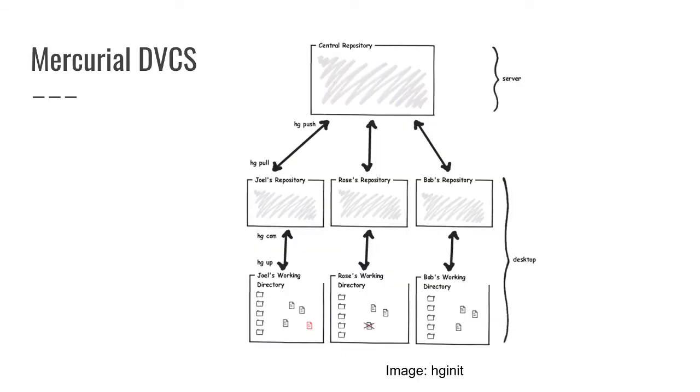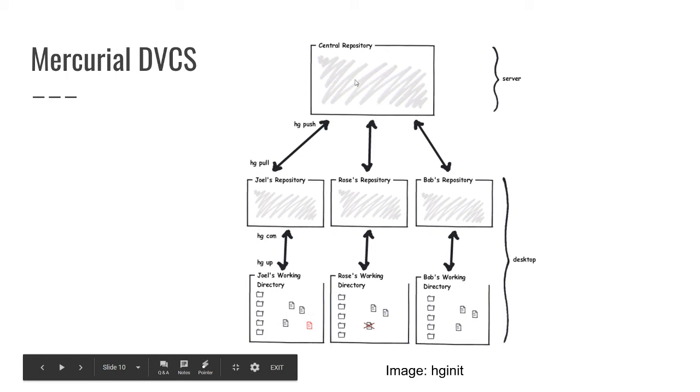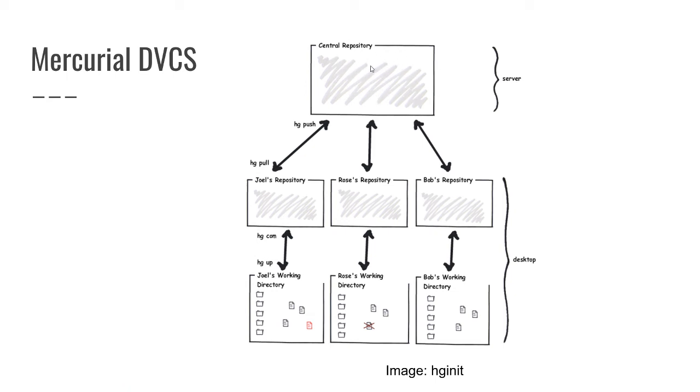So as I said, Mercurial is distributed; DVCS is distributed version control system. And so there might be one central repository that everybody communicates with in order to facilitate sharing all of their code. But each individual, in this case Joel, Rose, and Bob, they each have their own repository on their local machines.